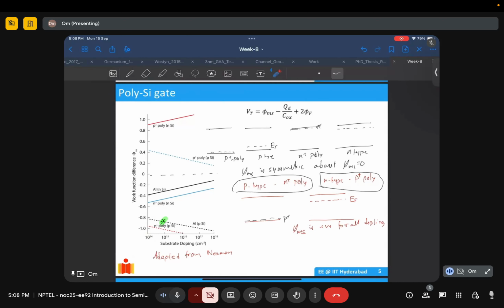So instead of metal, your phi m will become chi plus EC minus EF if you have N plus poly or P plus poly.